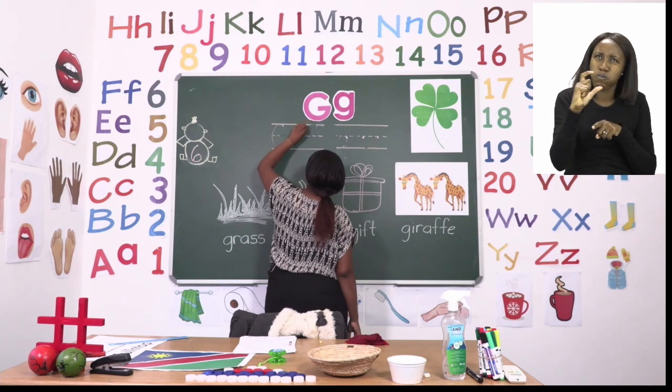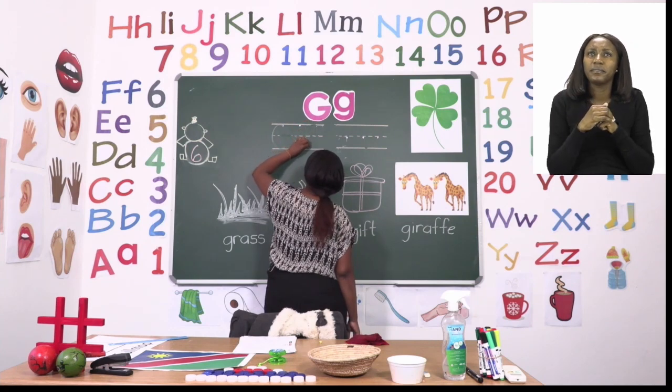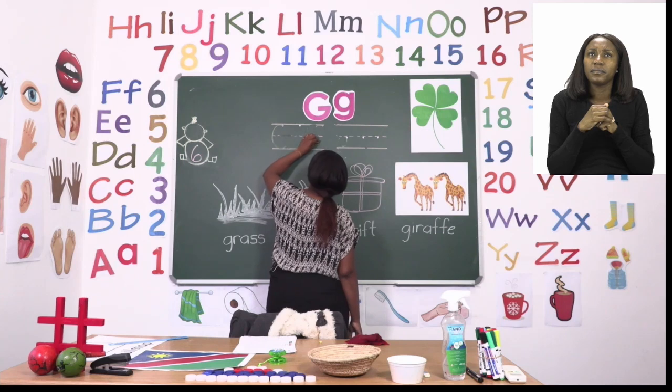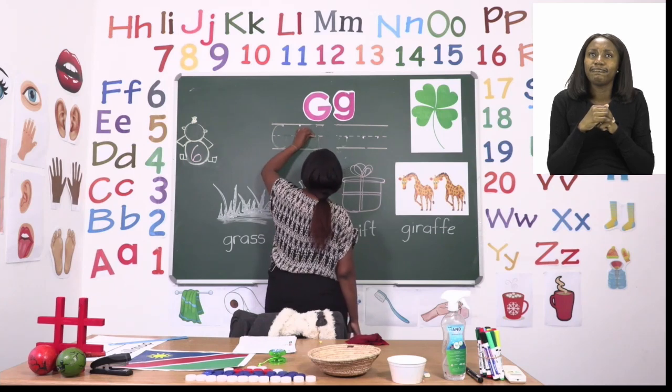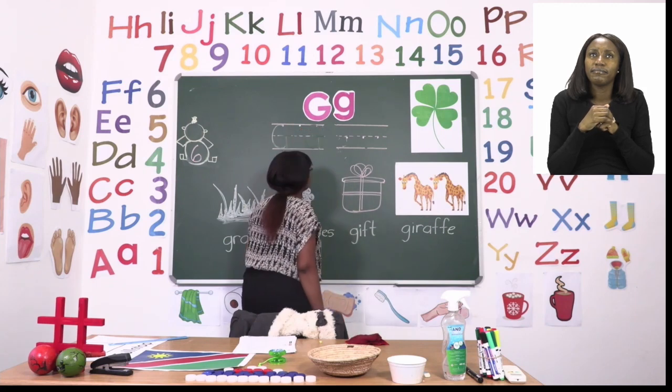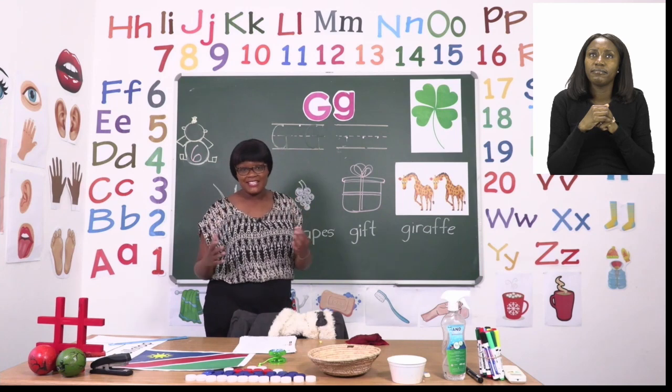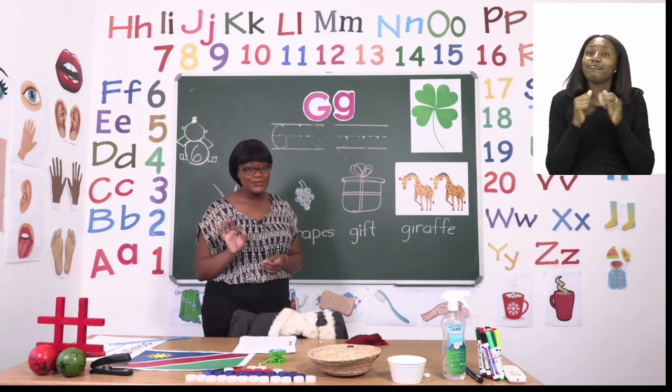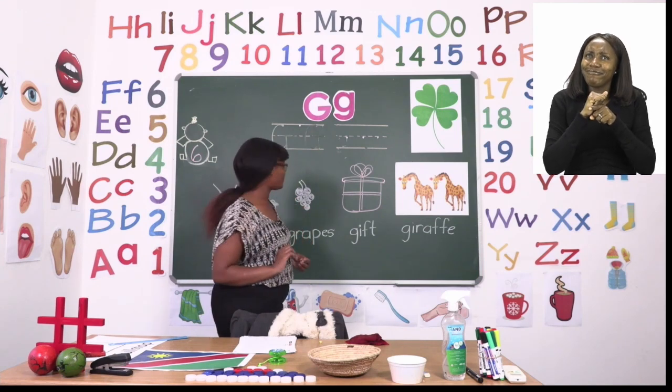Round from the top line, going down, touching the bottom line, coming up and making a straight line down. Then we have a cross. Now I want you to continue practicing this one because I know sometimes it can be a little bit tricky.